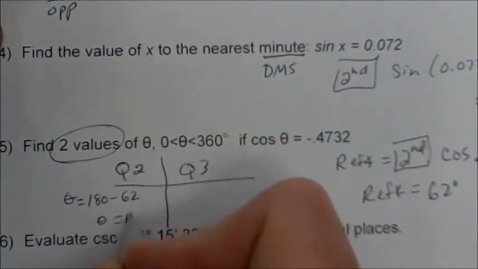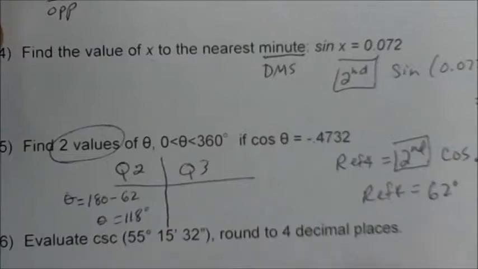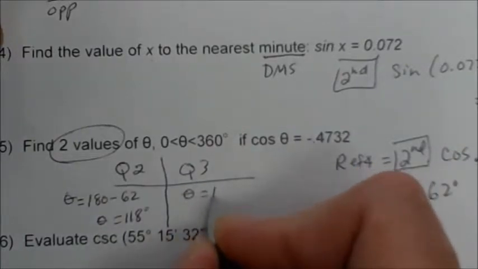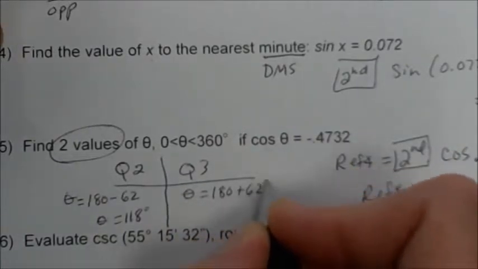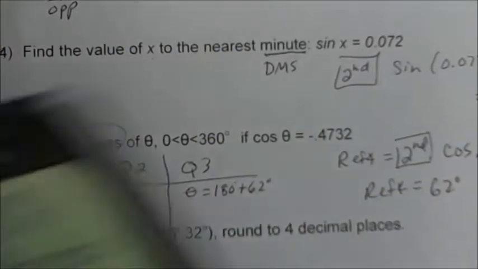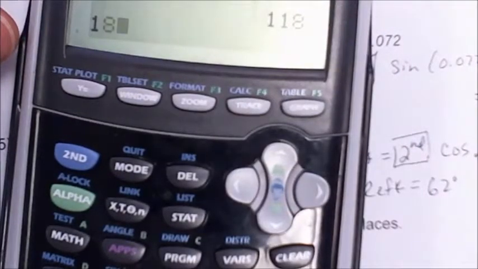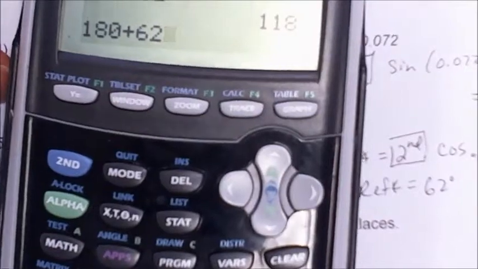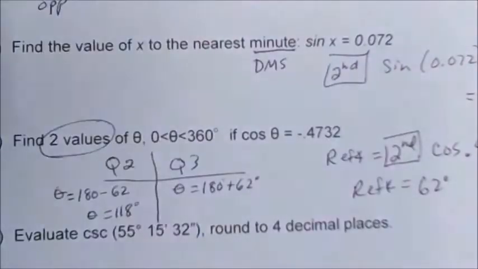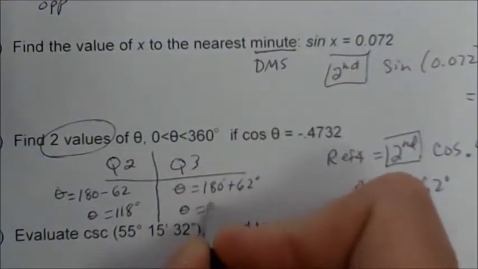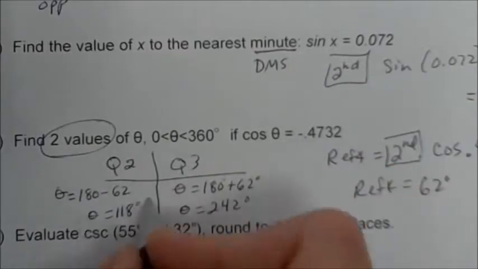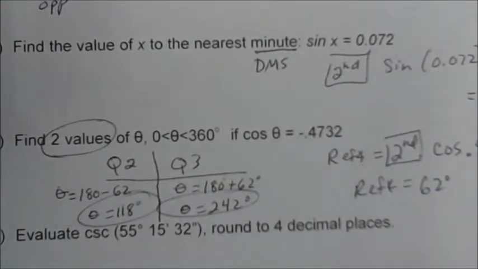So theta is 118 in quadrant 2. Quadrant 3, theta is equal to 180 plus the reference angle. So 180 plus 62 will give us 242 degrees. So there's our 2 answers for question number 5.